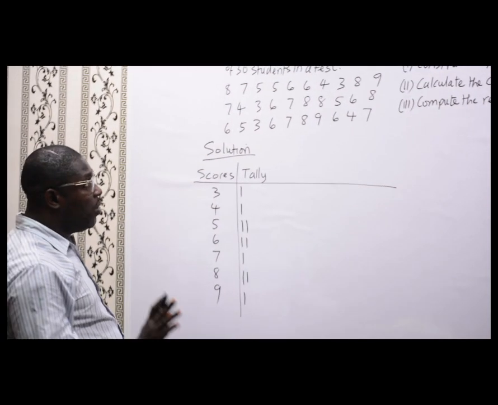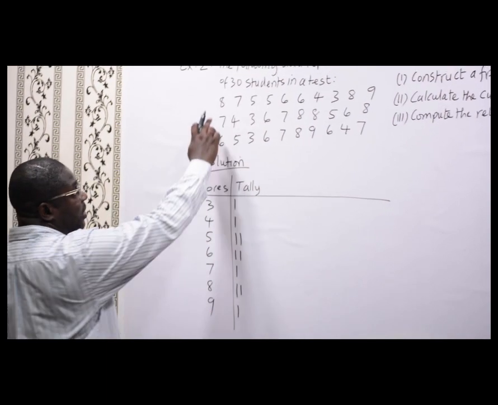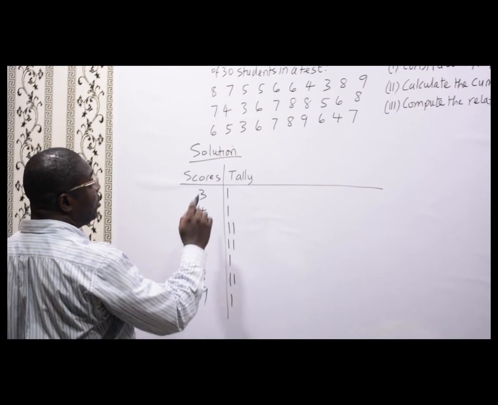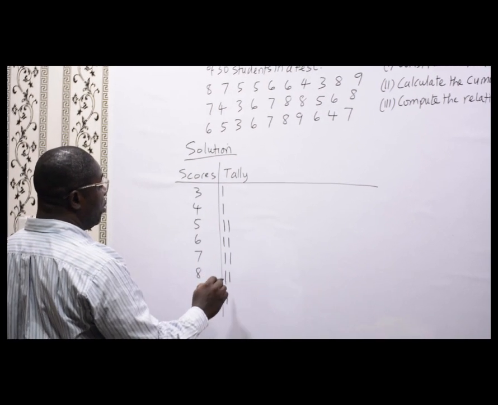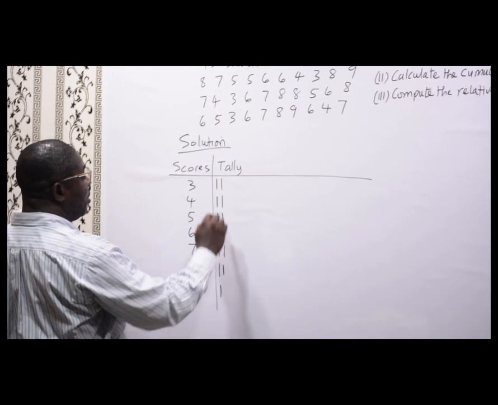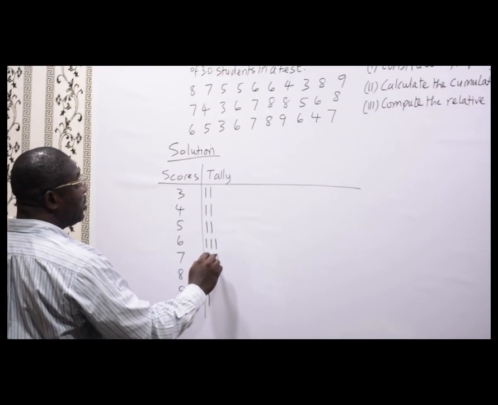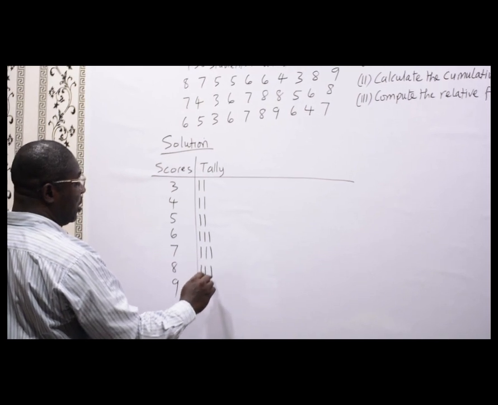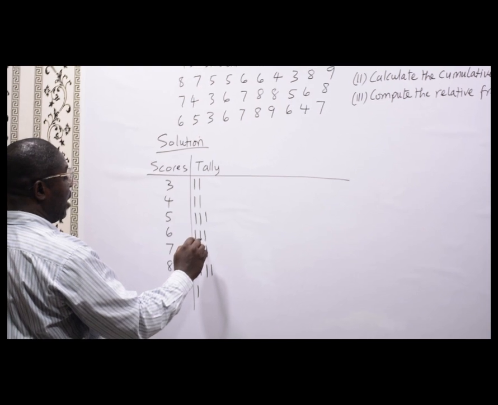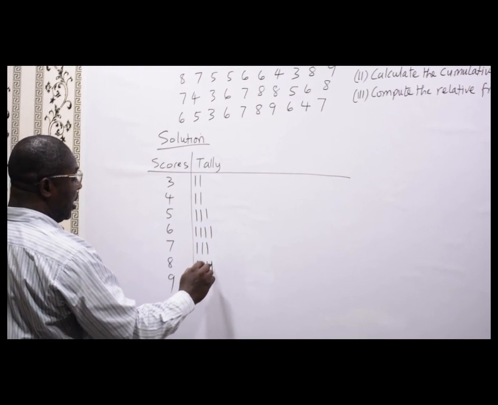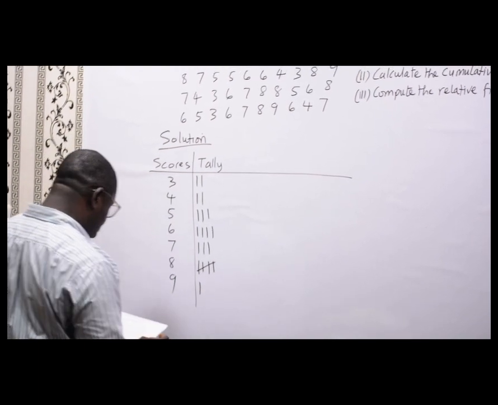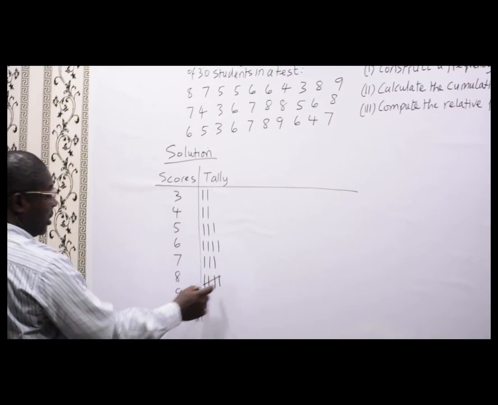So we have dealt with the first line of scores here. The second line tells us that we have 7 coming up, then 4, then 3, then 6, then 7, then 8, and 8 again, and then 5, and 6, and then 8. 8 is the fifth count for 8, so we stroke 8 to bound it so that this represents 5.